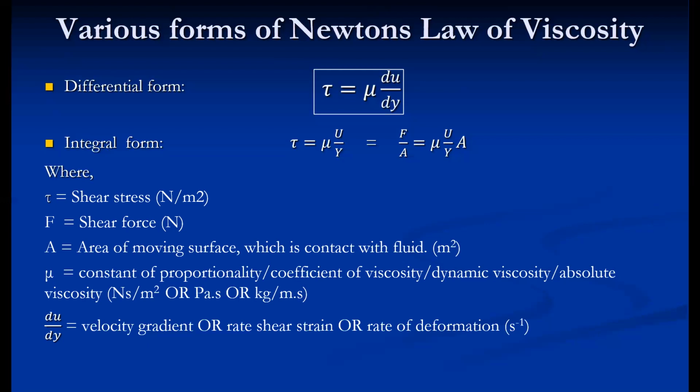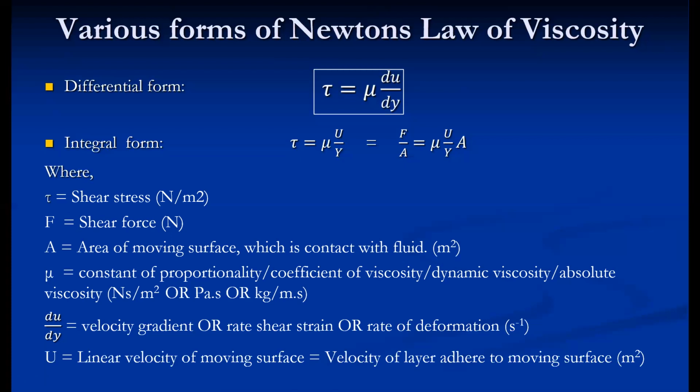The statement of Newton's law of viscosity is: shear stress is proportional to the rate of shear strain, or shear stress is proportional to the rate of deformation. Not shear strain, but the rate of shear strain, because strain is dimensionless, but the rate has a dimension, that is second raised to minus 1. That's why it is a rate quantity.